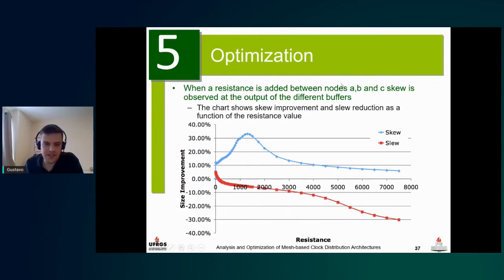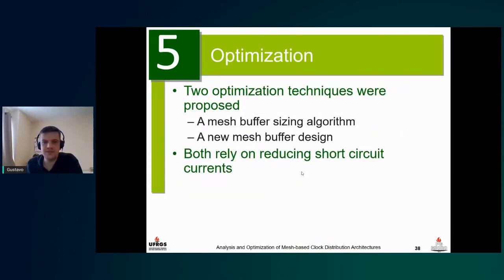We can see that the larger the resistance, the smaller the benefit we get from this technique. Okay, so I just talked a little bit about the sizing of the mesh buffers. After that, I will also talk about a proposal to design a new type of mesh buffer. Both of those techniques are trying to optimize the short circuit current.